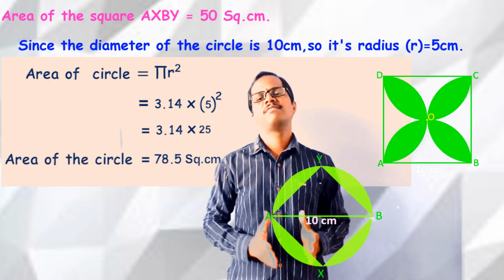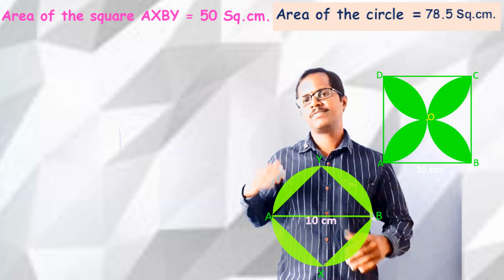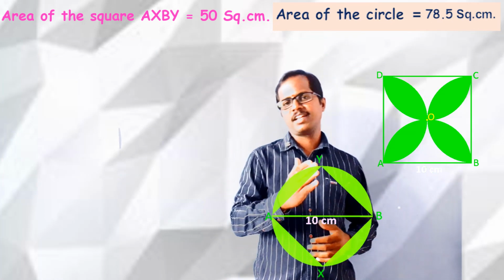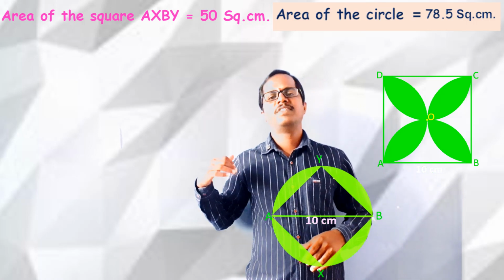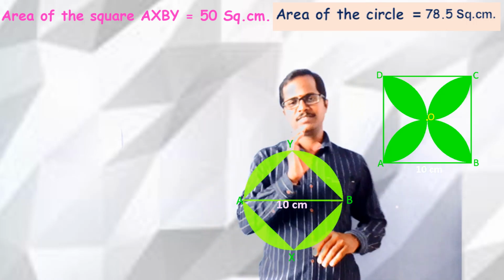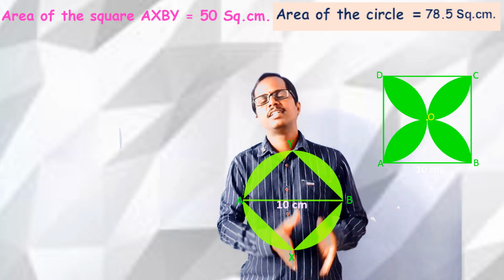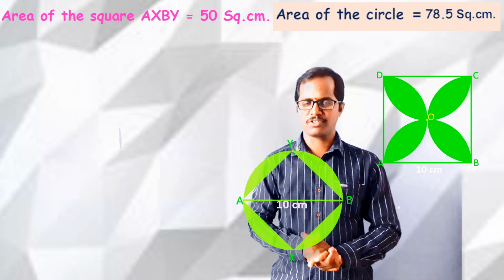Now we have the area of the circle, that is 78.5 centimeter square, and also the area of the square AXBY, that is 50 centimeter square. Now let us subtract the area of this square from the area of the circle so that we get the area of the half of the shaded portion.